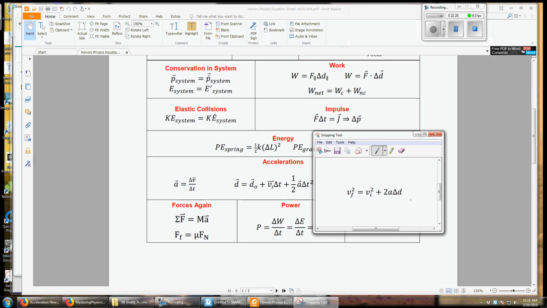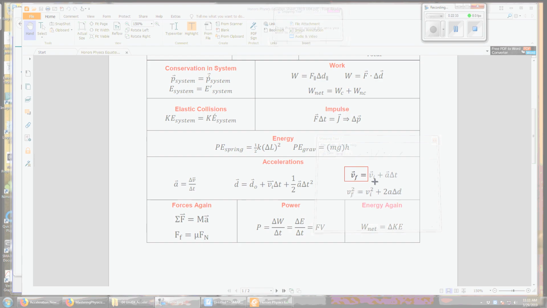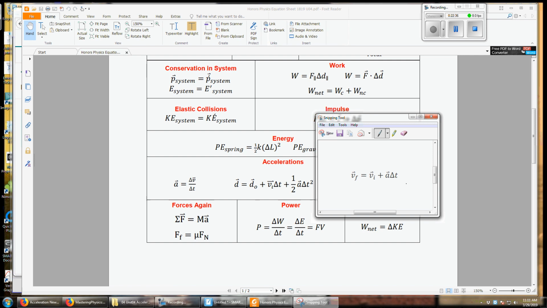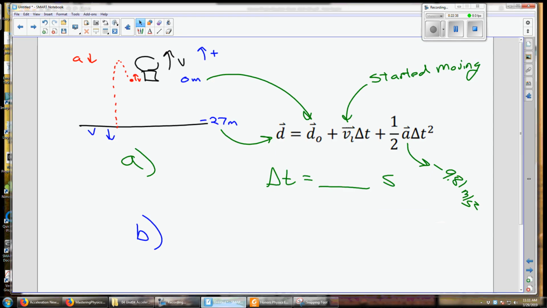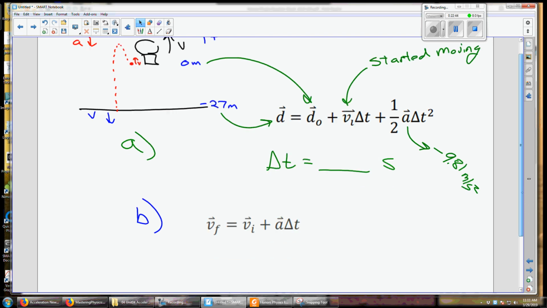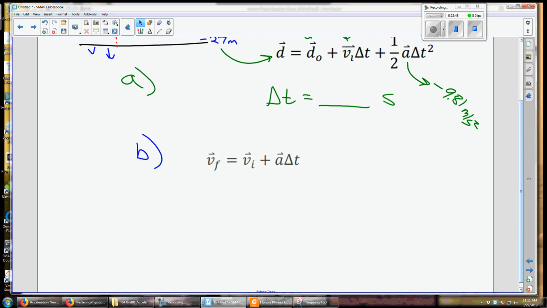I'm actually leaning towards using this one. Actually, I'm not. I lied. I'm going to use this one, because this is what I'm interested in finding, the final velocity.